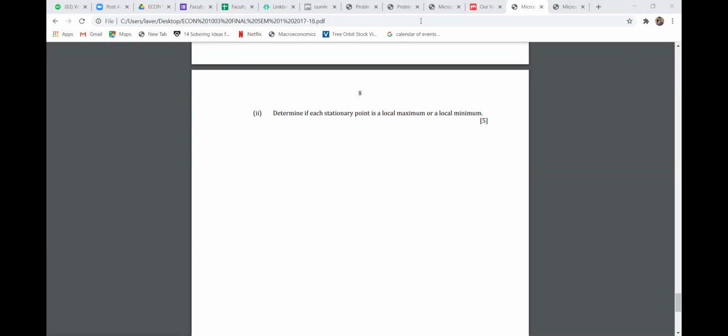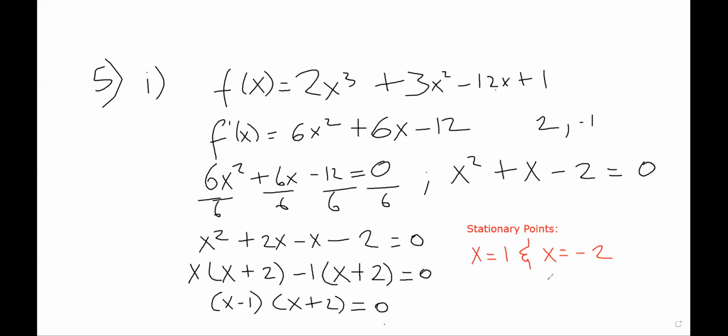We said that in order for the f double prime x to be a maximum, it needs to be less than 0. And if it's a minimum, it needs to be greater than 0, right? So we're going to determine if it's a maximum or if it's a minimum, right?